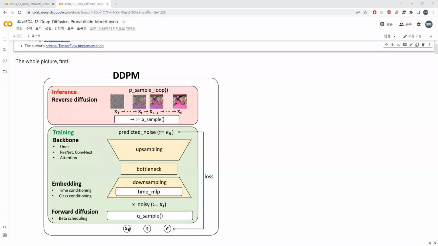Is there anyone who totally understands the forward diffusion process and reverse diffusion process in DDPM? Anyone who totally understood what Edward Choi lectured?